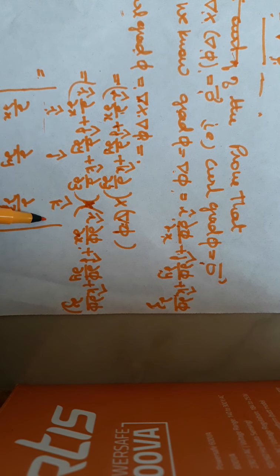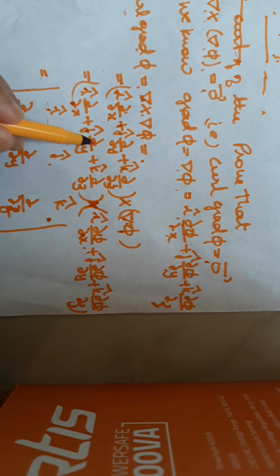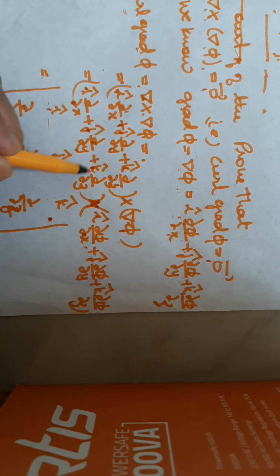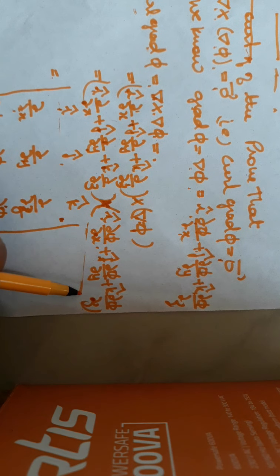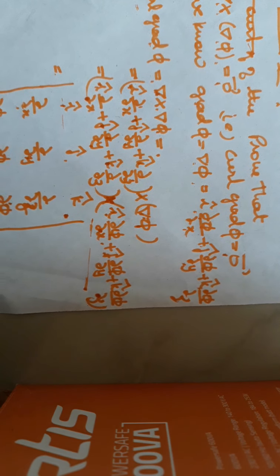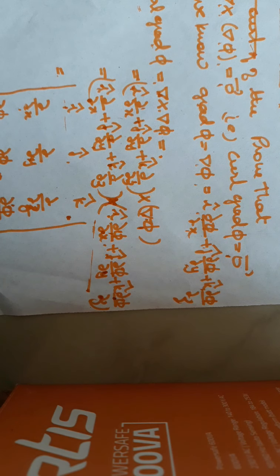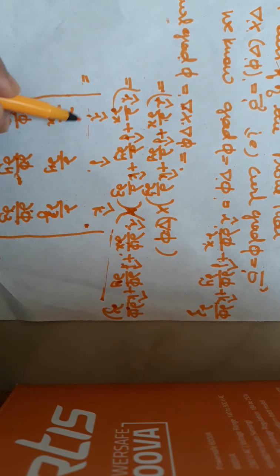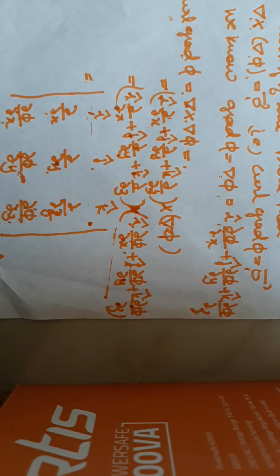In the first row you put i j k, in the second row the components of del: del/del x, del/del y, del/del z. In the third row the components of del phi: del phi/del x, del phi/del y, del phi/del z. Now apply the determinant rule: i into del/del y of del phi/del z.